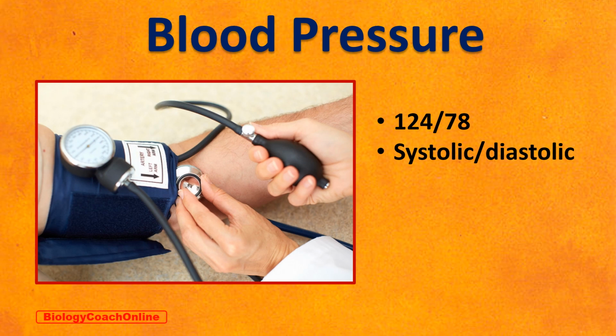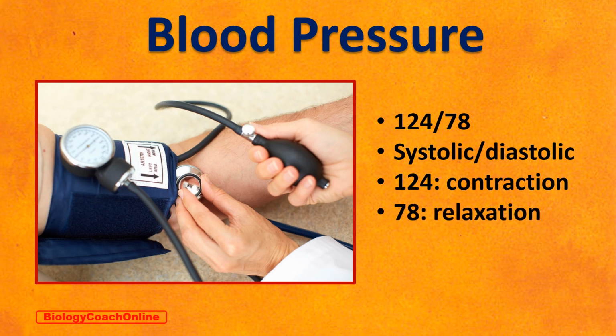So your systolic blood pressure represents the highest pressure exerted on the circulatory system when your heart muscle contracts. Your diastolic blood pressure then represents the lowest pressure exerted on the circulatory system when your heart muscle relaxes. These numbers are in millimeters of mercury, by the way.